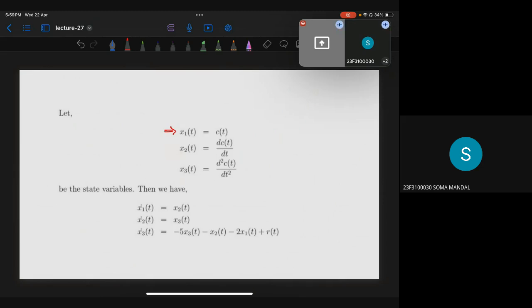Then x2 will be dc by dt, the derivative of the output, which is nothing but dx1 by dt. Then x3 will be d square c by dt square, which is dx2 by dt, correct? Yes, sir.